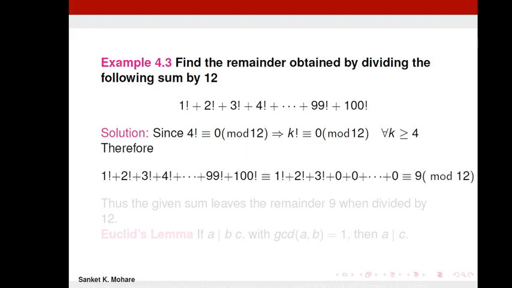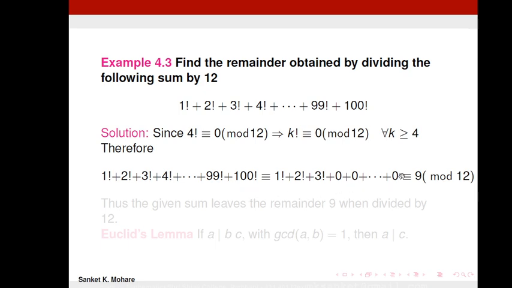Therefore the sum 1 factorial plus 2 factorial plus 3 factorial plus 4 factorial plus and so on plus 99 factorial plus 100 factorial is congruent to 1 factorial plus 2 factorial plus 3 factorial plus 0 plus 0 and so on plus 0.